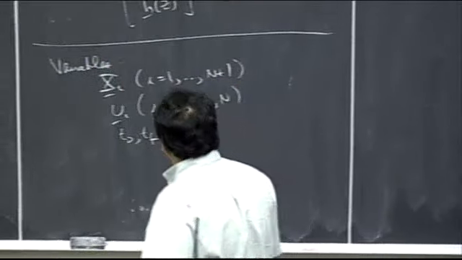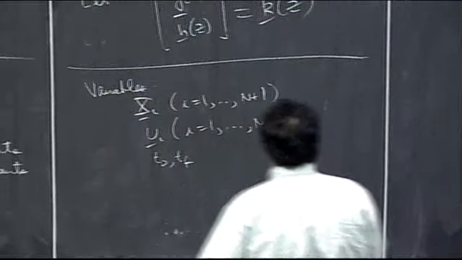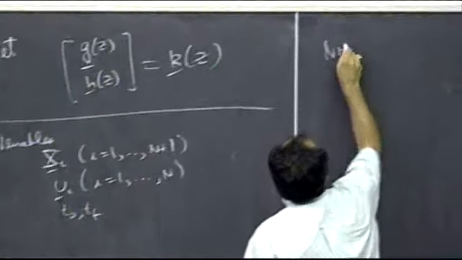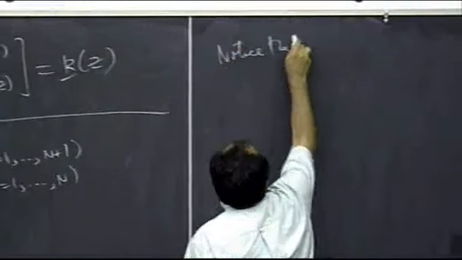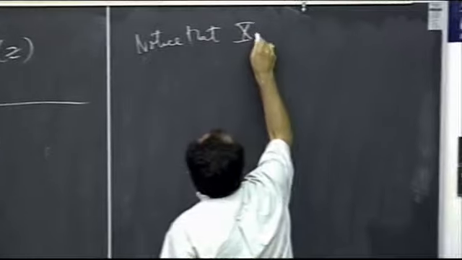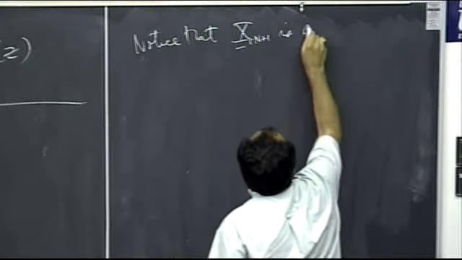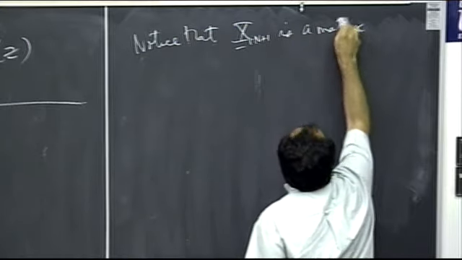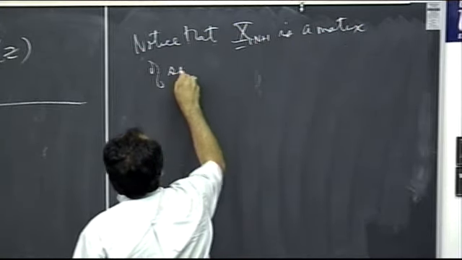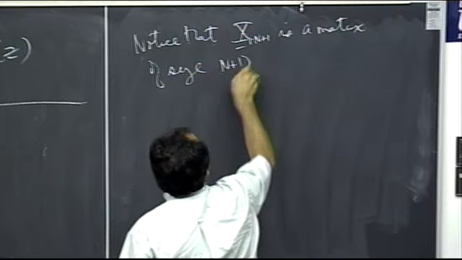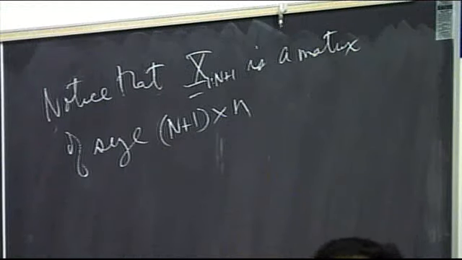So the first thing we notice is that x1 to n plus 1 is a matrix of size n plus 1 by n, right?